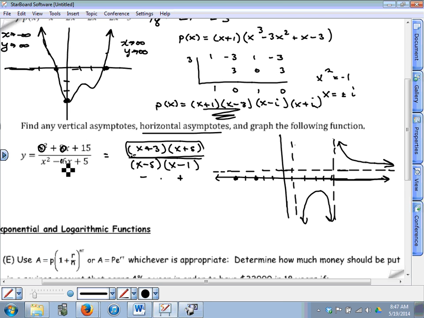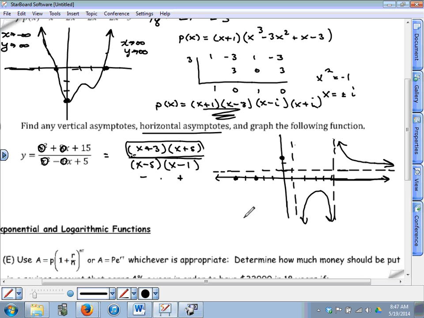Let all the x's equal 0. So it'd be 15 divided by 5, which is 3. I've got a problem. This is kind of a peculiar one here.